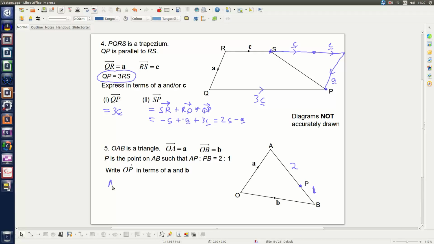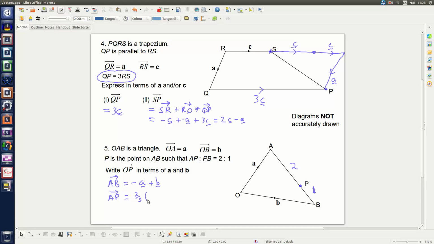Now AB is quite easy to find, because we're just looking for a way of getting from A to B using the little vectors, little a and little b. And that will be clearly minus A plus B, because we need to go back from A to O and then up from O to B. So if I now want AP, well AP is clearly 2/3 of AB, because it's split in the ratio of 2 to 1.